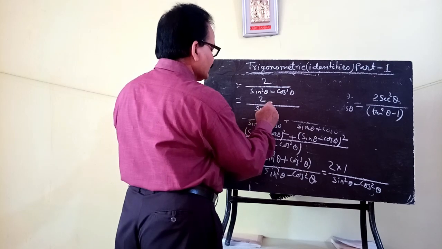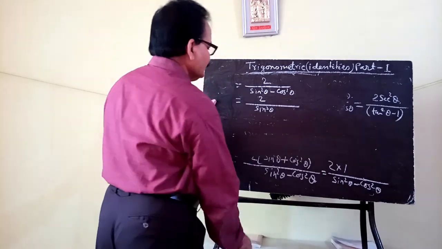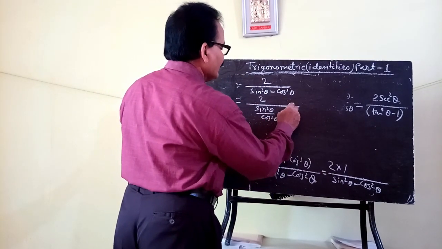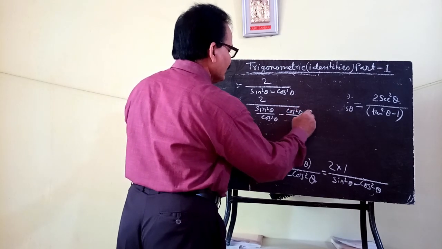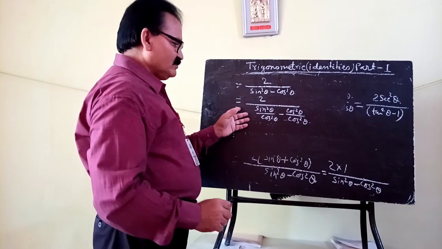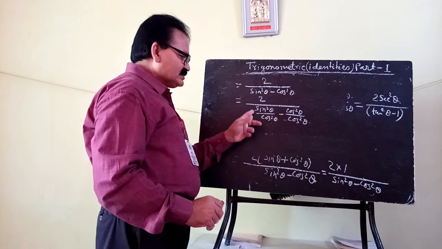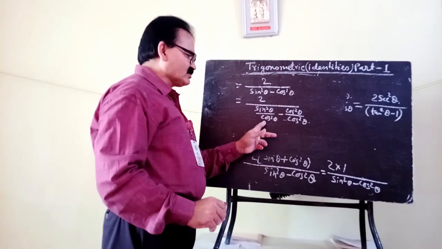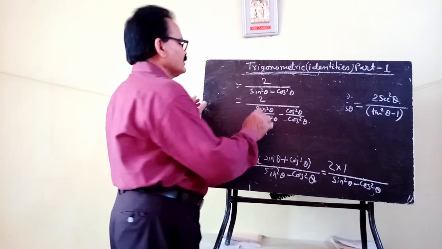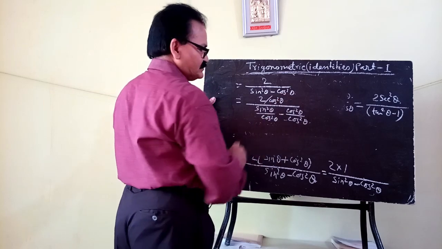So here sin square theta divided by cos square theta minus cos square theta divided by cos square theta. So for simplification, in order to maintain the equality, since you have divided the denominator by cos square theta, you have to also divide 2 by your cos square theta. So this is your 2 divided by cos square theta.